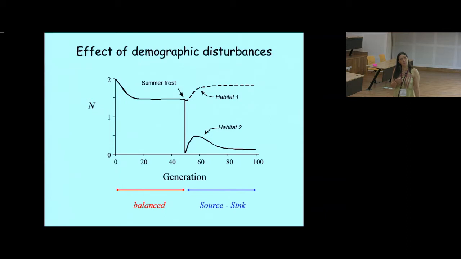What you end up with is an increase in the density of individuals on one host plant, and a very low density of individuals in the other host plant, which now behaves as a sink, and this one as a source. So you shift from a balanced system of migration to a source-sink system just because of some random disturbance that happened to perturb the system away from this symmetric equilibrium.